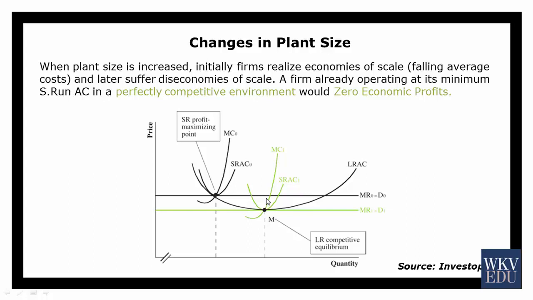In perfect competition, if any firm incurs economic losses, they will have to leave the industry. Other firms that can reduce their costs by some strategy or the other, maybe by product differentiation, maybe by cost reduction, or any other strategy, those firms will actually downsize. They will move to a smaller plant size.